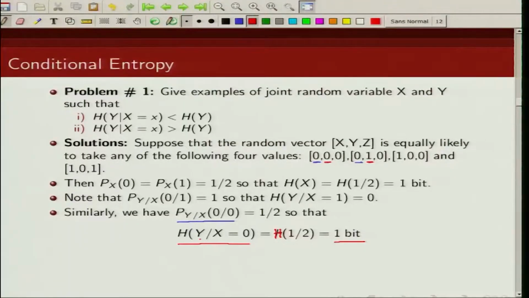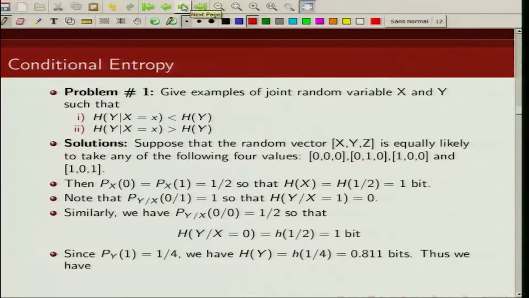So what have we shown so far? We have shown that the uncertainty in y given x equal to 1 is 0, and the uncertainty in y given x equal to 0 is 1. Now let us compute the uncertainty in y. What is y? Y is 0, y is 1, y is 0, y is 0. So the probability of y being 0 is 3 by 4 and the probability of y being 1 is 1 by 4.